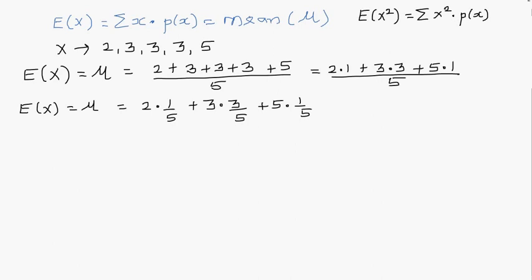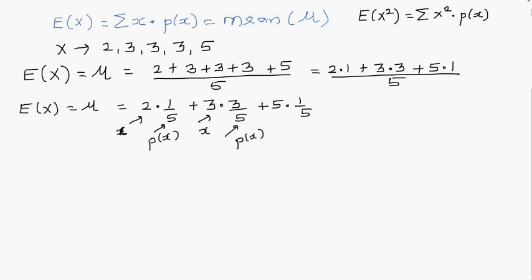So imagine this is an experiment of rolling a die, and you rolled it 5 times, and the first time you got 2, the second time you got 3, the third time 3, the fourth time 3, and the last time you got 5. So this is your x, and this is your probability of x. So we can say the probability of getting 2 is 1/5.